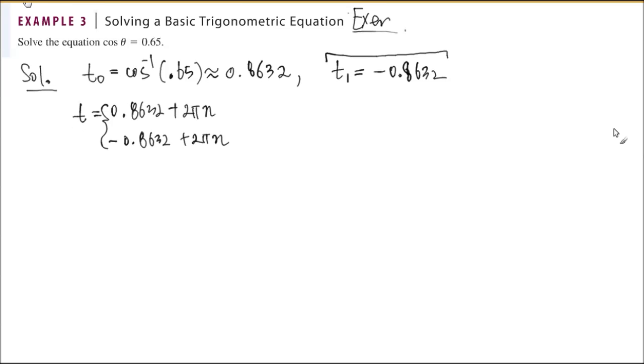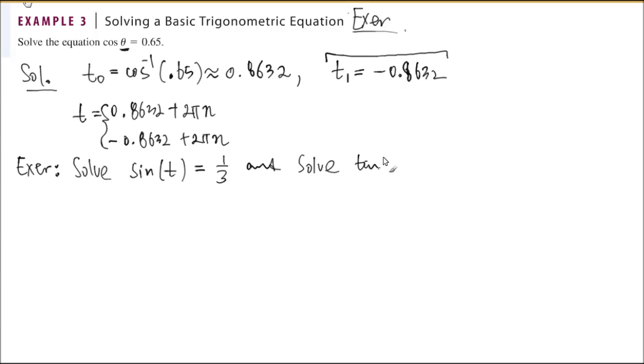I think it's quite the same with sine. So why don't we do this exercise? Let's do it quickly. I don't like this theta business. It has to be t, although they use theta, it doesn't mean it's an angle. Let's switch to sine t. Solve sine t being 1/3, and solve tangent t being 3.